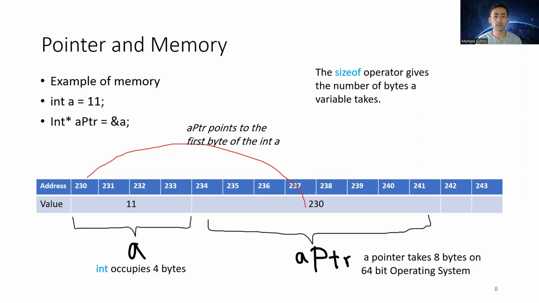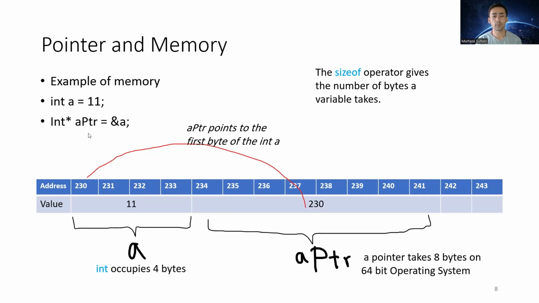So it is an integer, and we say that an integer occupies 4 bytes. Each address in the memory has 1 byte capacity, and integer a occupies 4 slots. So the value 11 is an integer and it occupies 4 slots in the memory.